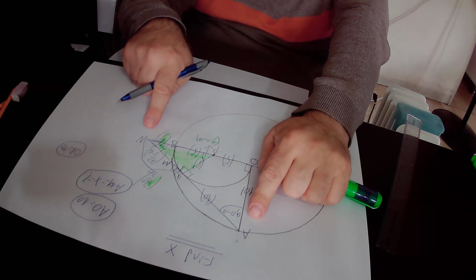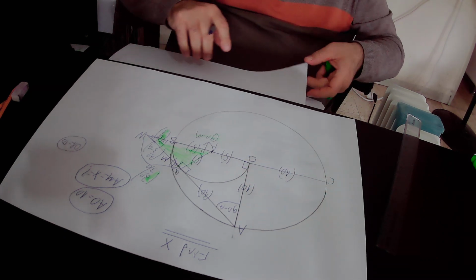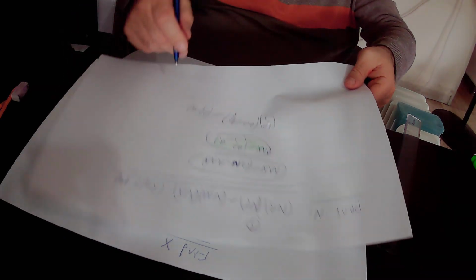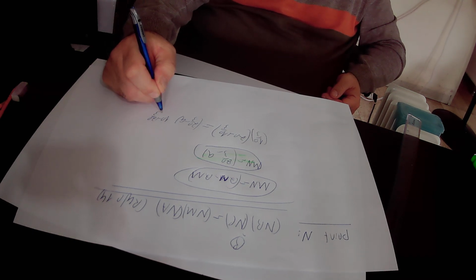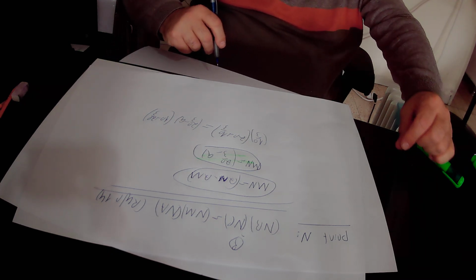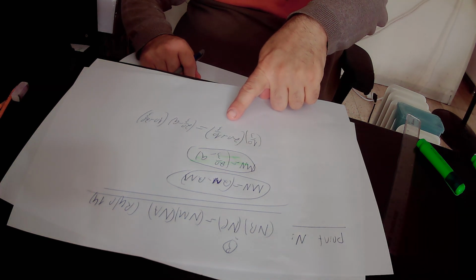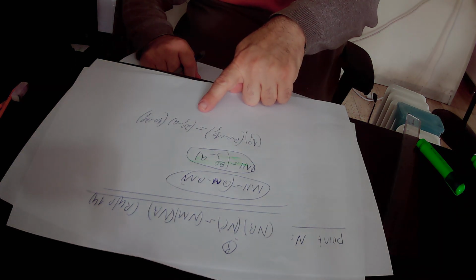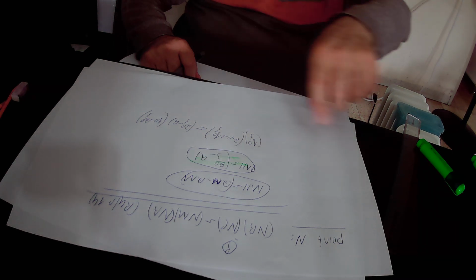AQ is 10 and QN is 20 over 3. So in total, NA equals 10 plus 20 over 3. In conclusion, according to rule number 14, 10 over 3 times 20 plus 10 over 3 equals 20 over 3 minus A times 10 plus 20 over 3.